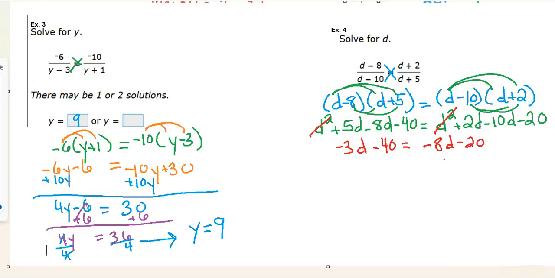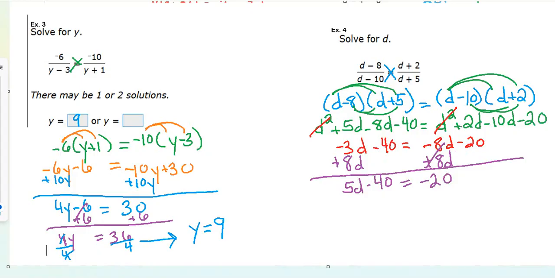I'm going to move this -8d by adding 8d on both sides. That gives us 5d. Bring down this -40. This is gone, and we still have our -20.